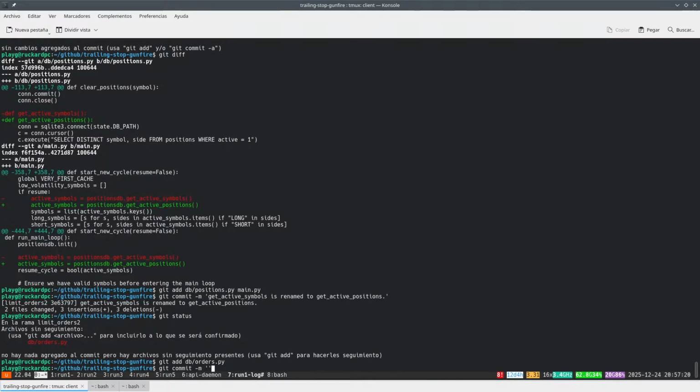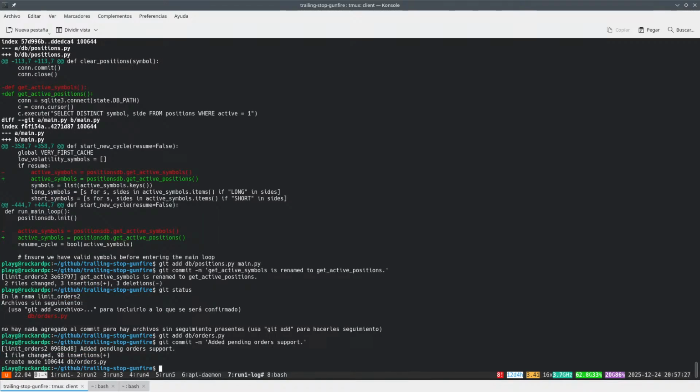So added pending order support. I am wondering, maybe I did not need to enforce limit orders, but at the same time I prefer to have limit orders so that we don't pay so many commissions, so many fees.